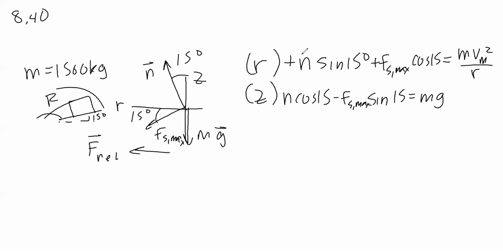Okay. So the trick in this example is to take f sub s max, because f sub s max, as you may recall from chapter 6, is equal to the coefficient of static friction times the normal force. The coefficient of static friction for rubber and concrete is 1. So that's easy enough. Replace the static friction with mu times n.